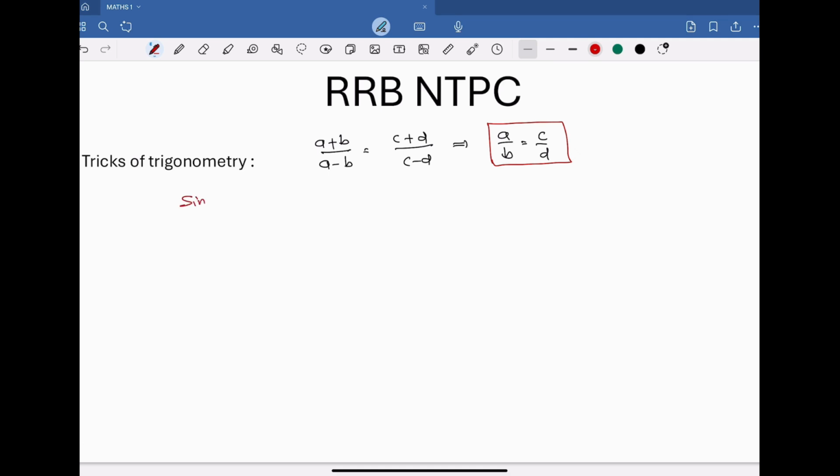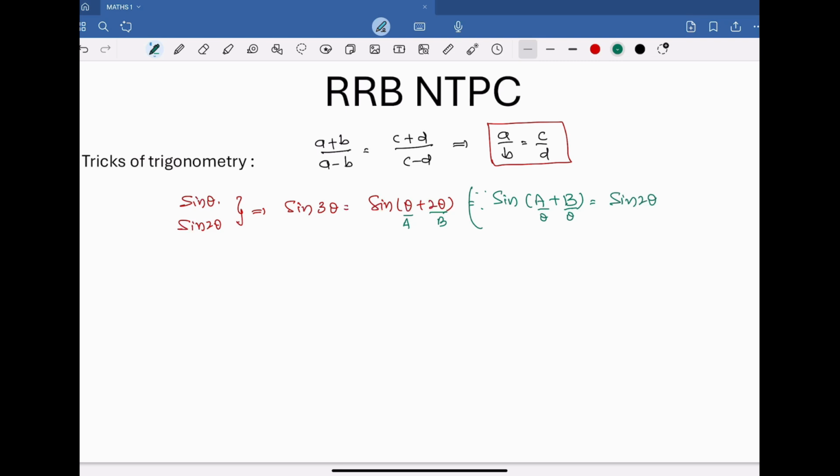Sin theta is known, sin 2 theta is known, then sin 3 theta will be sin of theta plus 2 theta. This can be sin A plus B, where A and B are angles. If A is theta and B is theta, then it will be sin 2 theta.